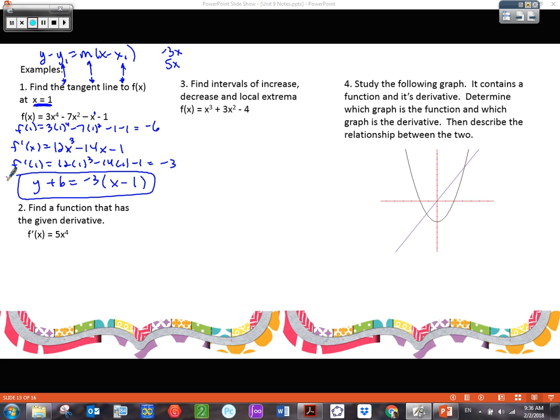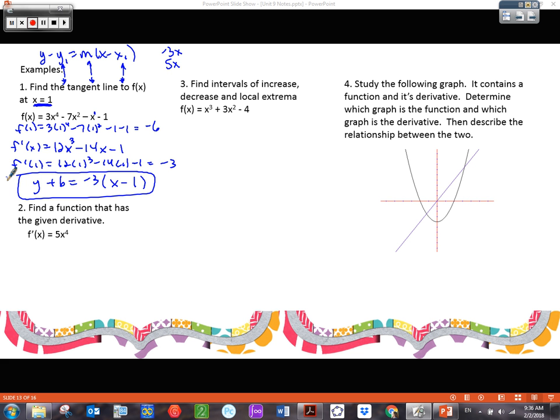If you do, you're just setting yourself up for the possibility of making a multiplication or arithmetic mistake. It's perfectly acceptable in point slope form, which is one of the reasons I love point slope form. Just put the numbers in, leave it alone. You're good to go. Our very first tangent line that we found. Isn't that exciting?